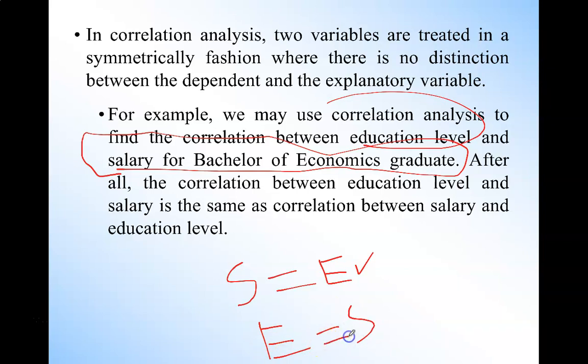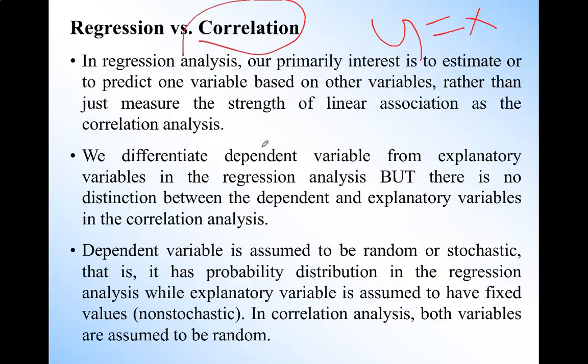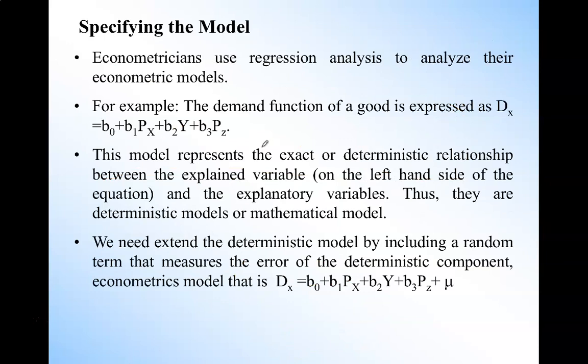So you get two different results from the regression, but the correlation between salary and education, either way, S and E or E and S, is the same, right? So two variables are treated symmetrically when there is no distinction between independent and dependent variable, right? But not in regression. So these are the two important elements.